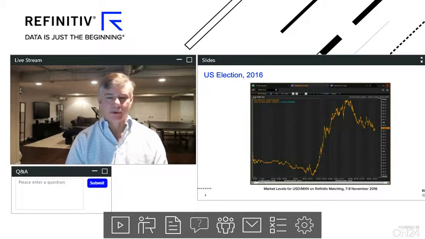Now, throughout the race, there was a great deal of focus on immigration issues, and Donald Trump had made Build the Wall a rallying cry. Throughout 2016, as a result, the Mexican peso weakened from less than 16.5 in late 2015 to nearly 20 in late September 2016.